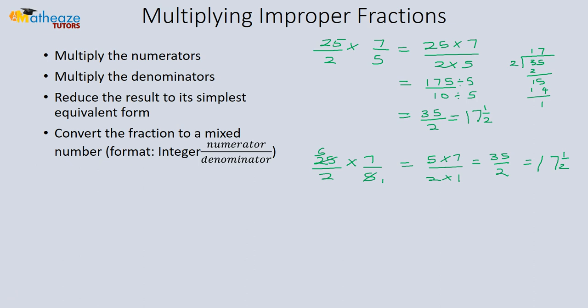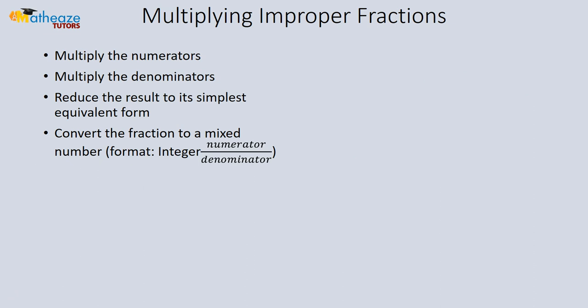Now we're going to look at more complex examples. So let's look at 8 over 7 multiplied by 21 over 17.